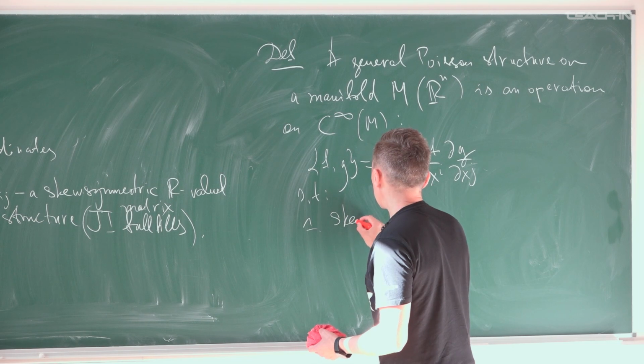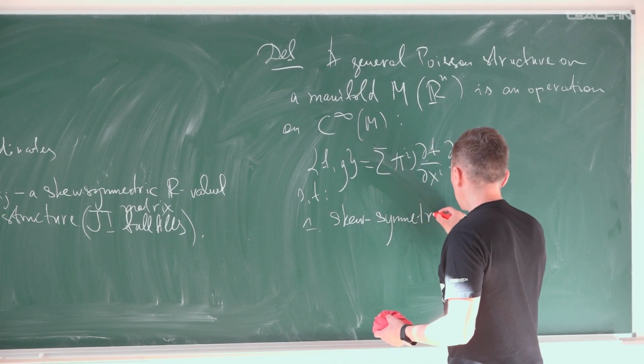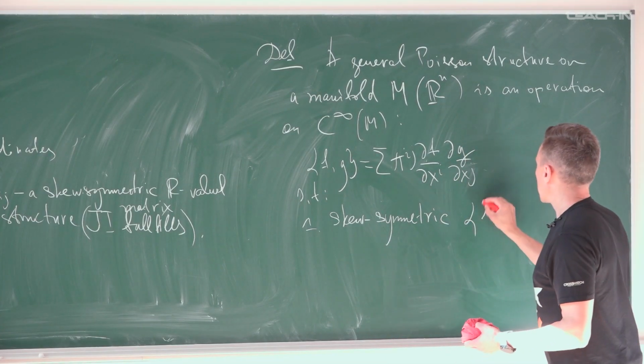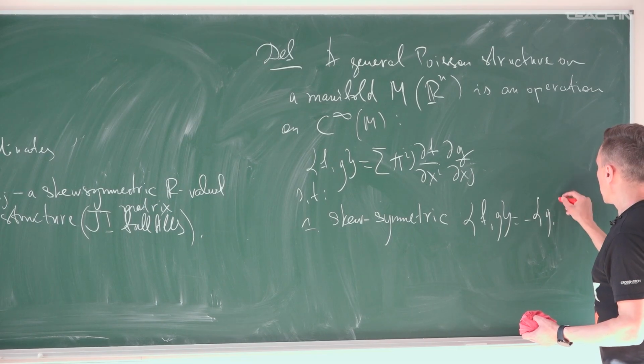Skew-symmetric means that {f,g} is equal to minus {g,f}.